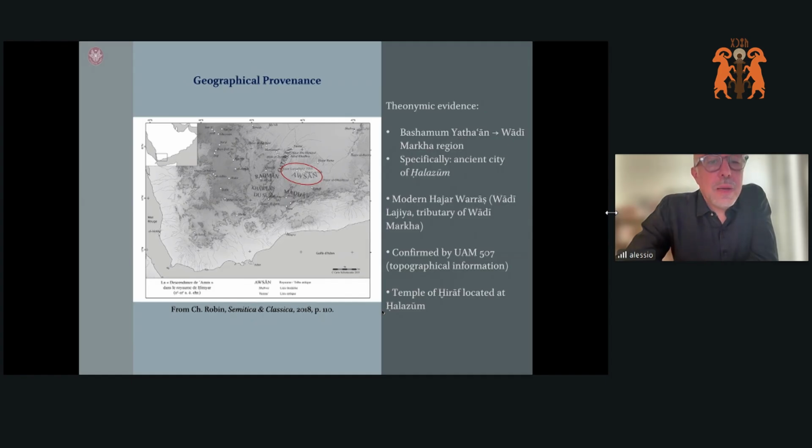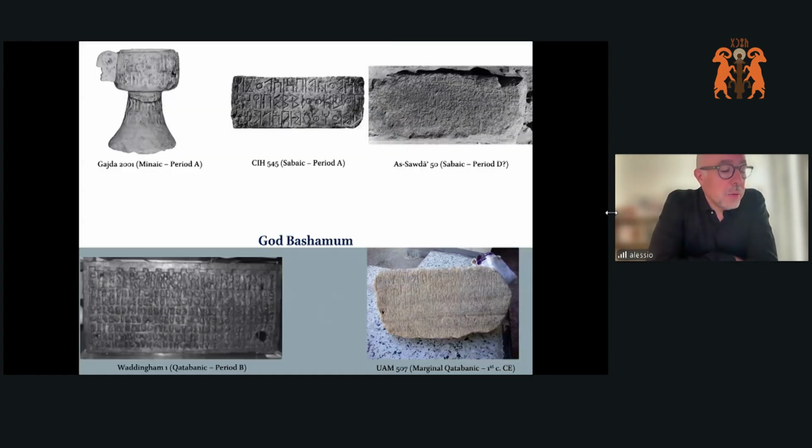The cult of Bashamum deserves some comment. Even though this theonym derives from the generic term denoting aromatic substances central to South Arabian commerce, the cult does not appear to have been widespread and is therefore classified as a minor deity.